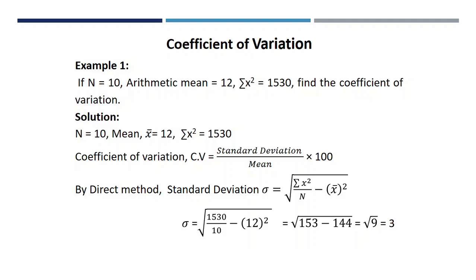Now we have the standard deviation and the mean, so we can calculate the coefficient of variation by substituting the values in the formula: standard deviation 3 divided by mean 12, into 100. So we get 25 as the coefficient of variation.